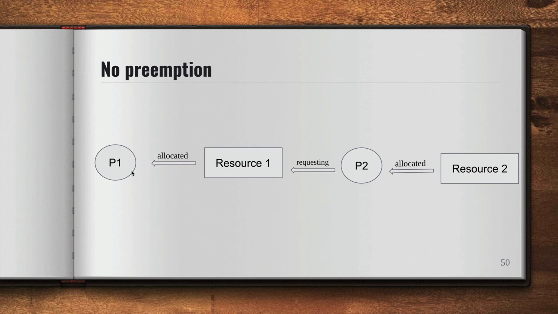Let's say P1 has been allocated resource 1, so it's using this resource in its execution. If P2 tries to request resource 1, it's not going to get it until P1 finishes its execution and then releases the resource voluntarily. So that's the meaning of no preemption: you cannot preempt a particular resource from another process while it's being used. You have to wait.